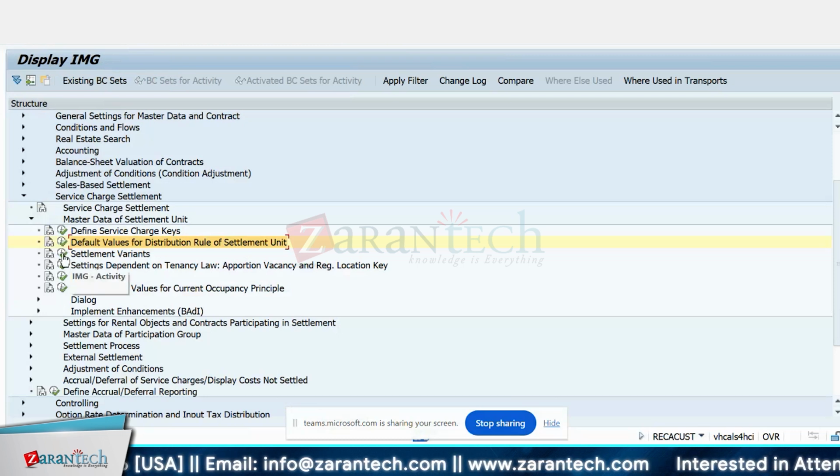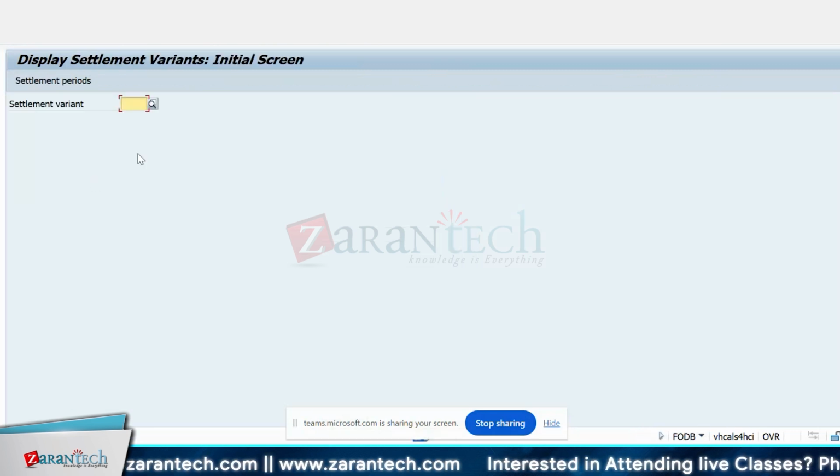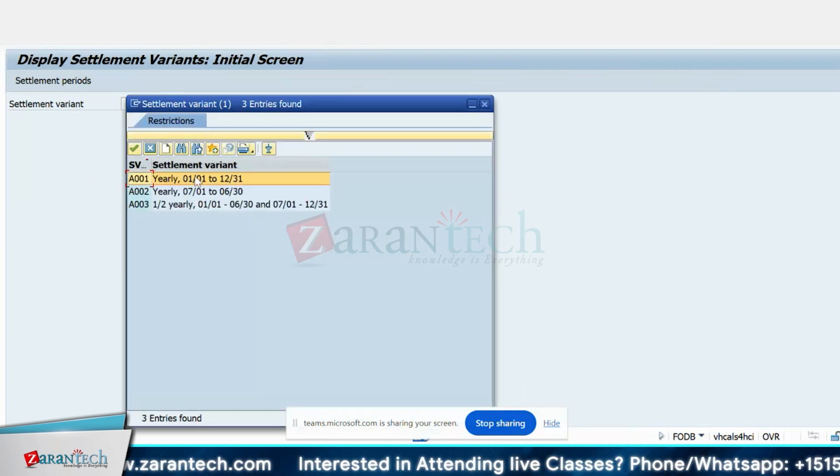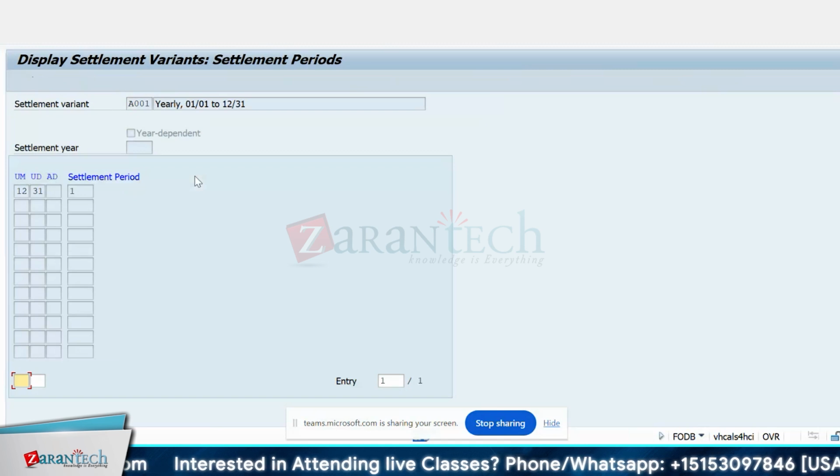Settlement variants. If you want to create any variant, you can create those variants as well. So what does this variant have? 12 months, 31 days.